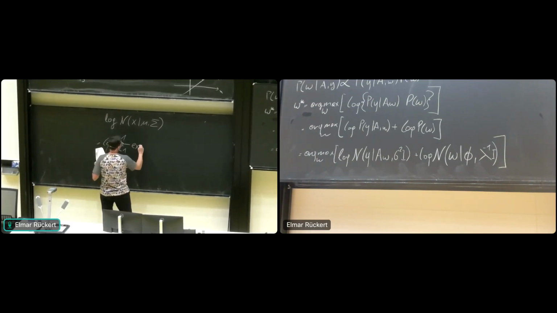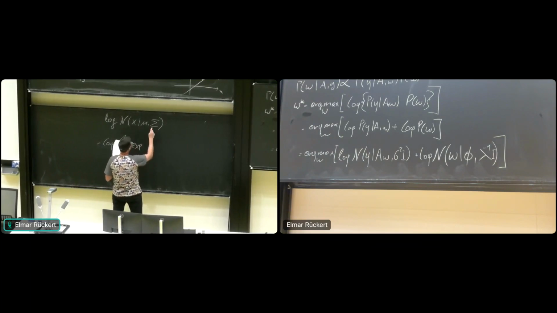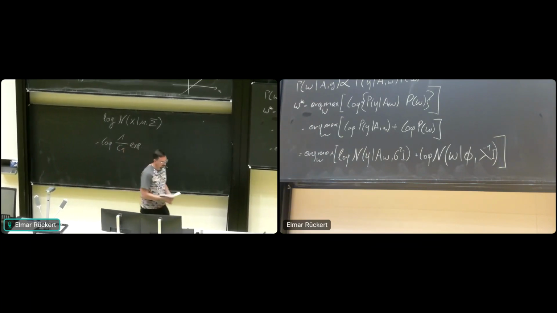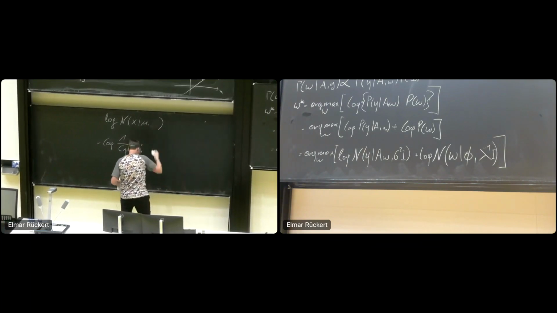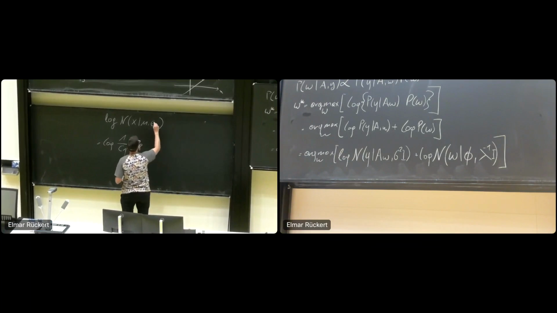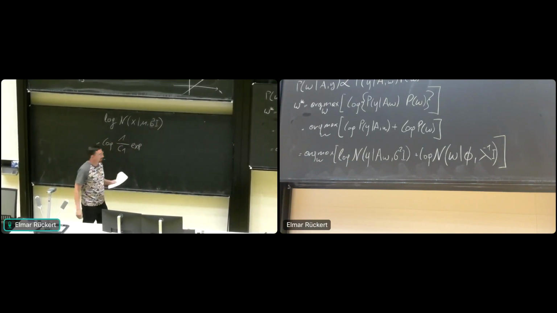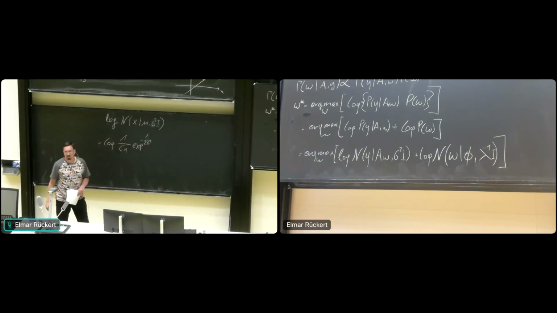Times the exponential. And now in our case, we don't have a full covariance. We make it simpler, we have a scalar covariance here. Make it easier, because then I divide here 1 divided by 2 sigma to the power of 2 instead of having the full covariance.